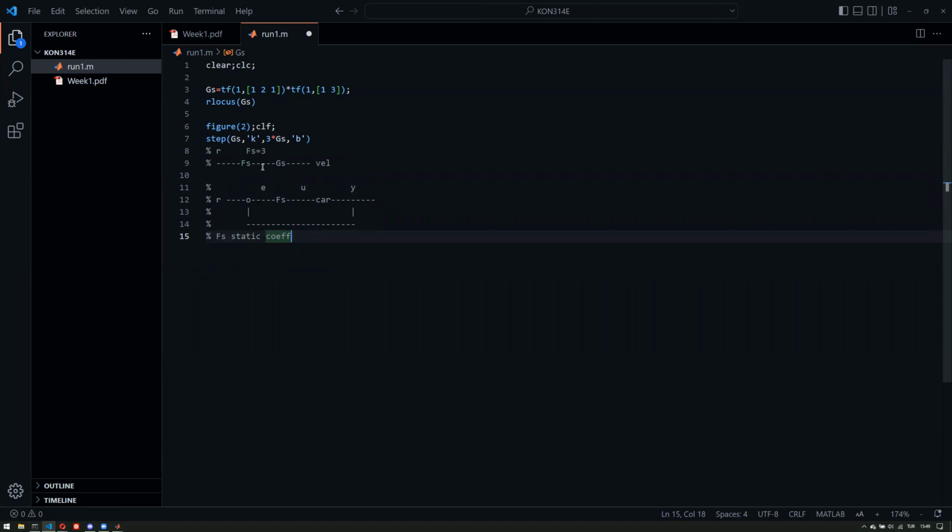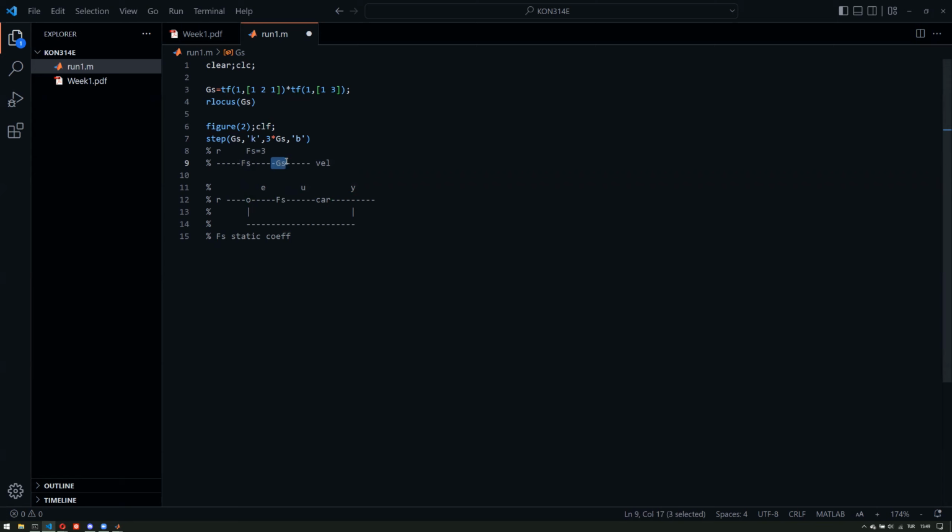Now, an interesting fact is that you need to be careful with this coefficient here, but you don't really have to be careful about this one in the open loop structure. The reason behind that is if you choose a bad coefficient in some sense, you won't mess with the system stability because, as you might know already, the poles of the transfer function determine the stability of the overall system.